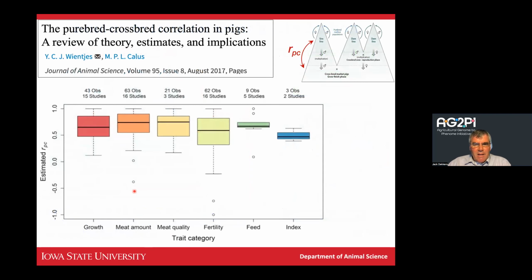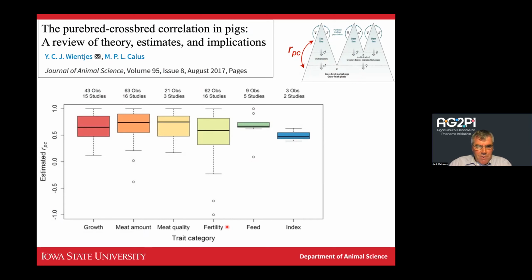The importance of that can be measured by looking at the genetic correlation between the same trait measured in the nucleus on a purebred animal and at the commercial level on the crossbred animal. So we call that the RPC, the correlation between purebred and crossbred performance. This is a review from Yvonne Wintjes and Mario Calles from Wageningen.